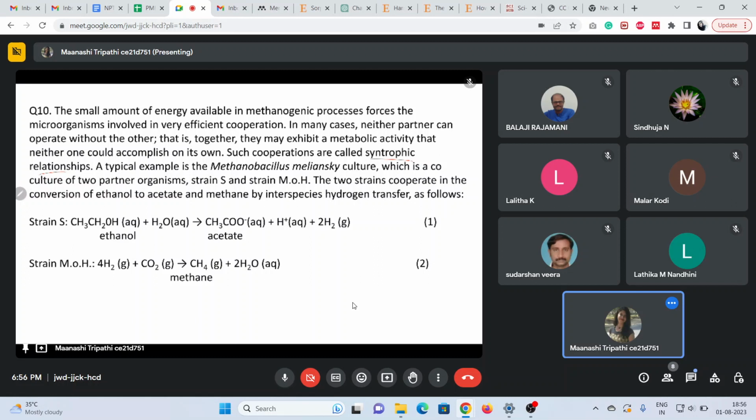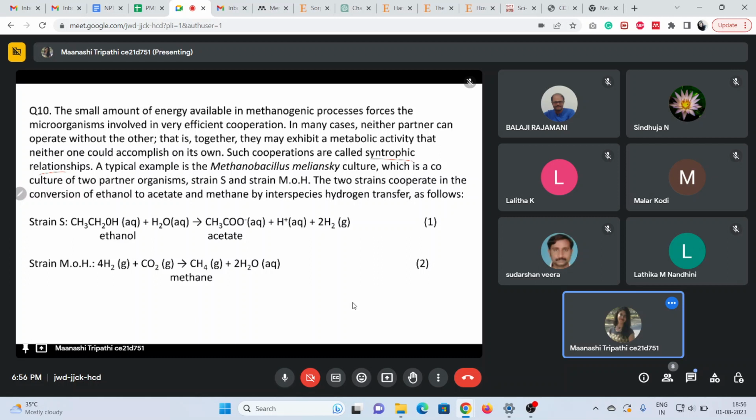I'll explain again. If we want ethanol to be converted to acetate, we want this reaction to go in the forward direction. For this reaction to go in the forward direction, we decided, okay, let's consume hydrogen. While consuming hydrogen, the concentration of hydrogen will decrease.